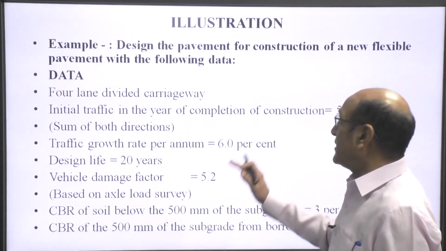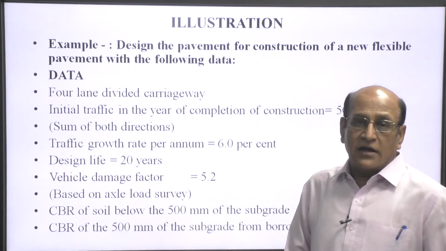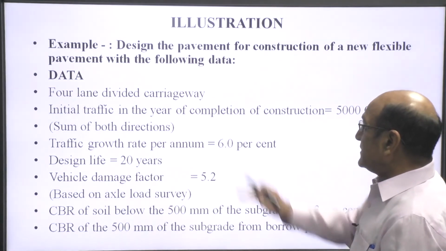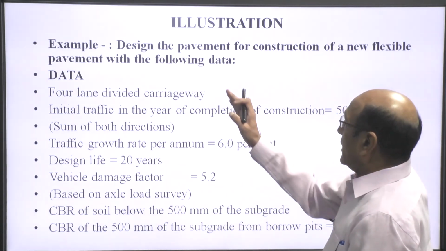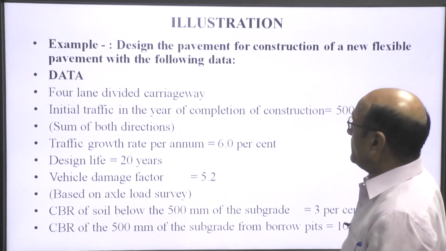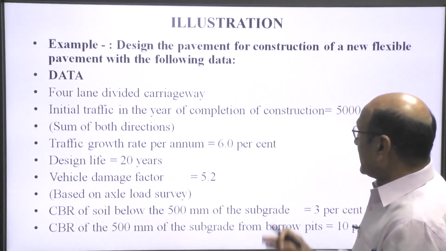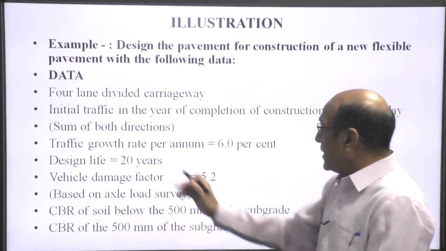So, I have just given an illustration, and that has been taken from the code IRC 37 2012. Say this is the 4-lane divided carriageway, this is the data. Example is design of pavement construction of a new flexible pavement with the following data: 4-lane divided carriageway, initial traffic is given 5000 CVD per day in both directions.